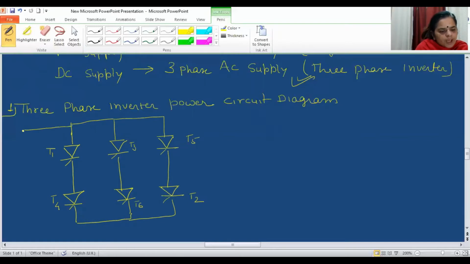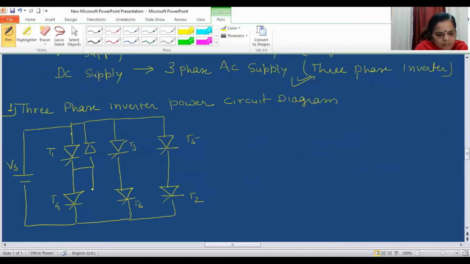Here the input is connected with the upper plate positive and the lower plate negative, and it's a DC kind of supply. Because of the DC polarity, all 6 SCRs, 1, 3, 5, 4, 6, 2, will remain always forward biased, but their conduction will depend on when the firing pulse is given to which SCR.